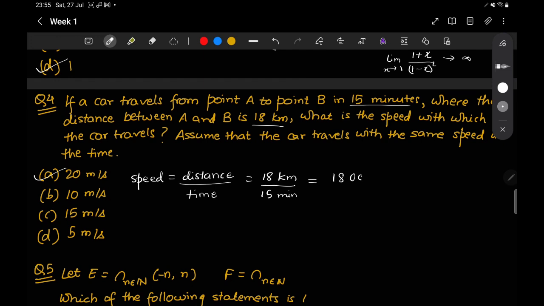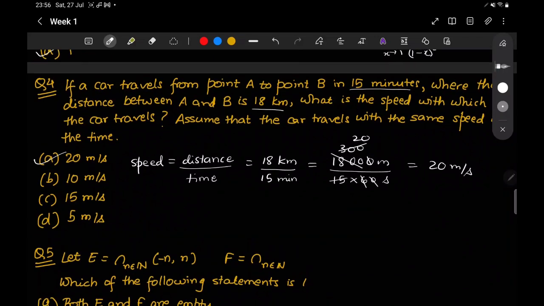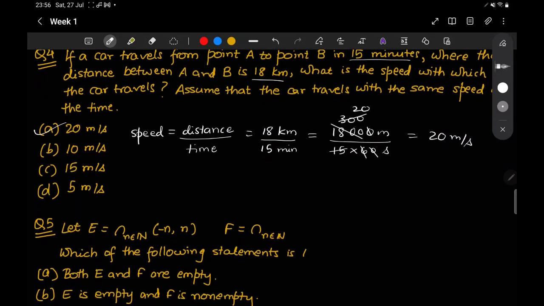So 1 kilometer is 1000 meters, and 1 minute is 60 seconds. Cancelling out everything gives us 20 meters per second. Pretty easy and simple. If in case you have forgotten, then speed is distance over time. That's the formula that we have used.